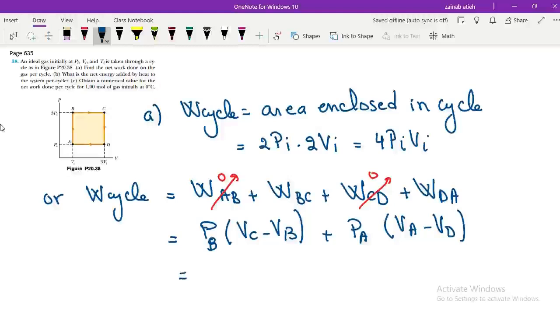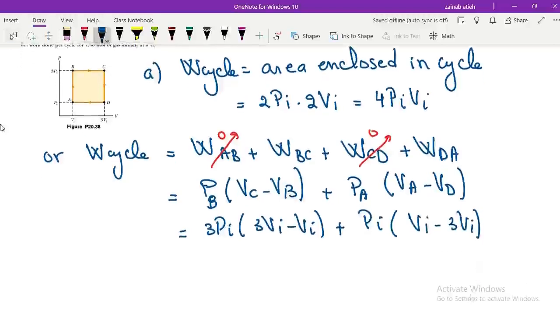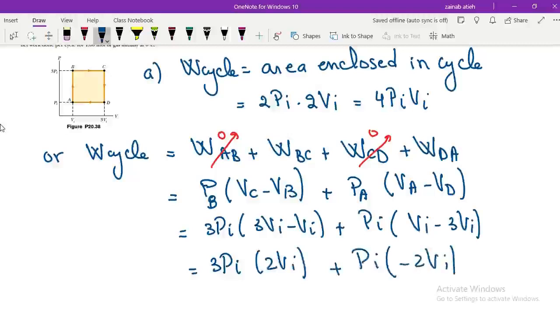For the first case, which is BC, I have the pressure 3 Pi and the volume VC is 3 Vi, minus Vi, plus the pressure for A, you can see that it's Pi, times VA minus VD, we will get Vi minus 3 Vi, which is equal to 3 Pi multiplied by 2 Vi plus Pi multiplied by minus 2 Vi. Look, the work done by DA is negative.